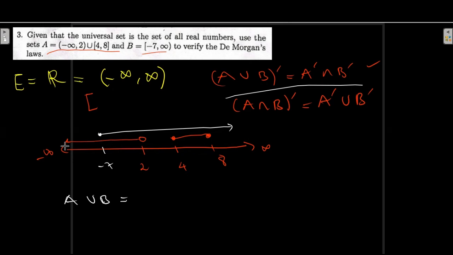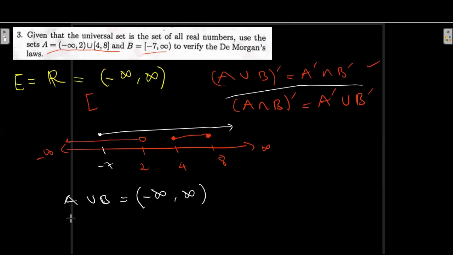So if I bring all the elements together, for A it goes down to negative infinity, and for B it goes up to positive infinity. So bringing those together just means that I'll have the set of real numbers, which is just what they've told us to be our universal set, because union means bring everything together. That is my A union B.